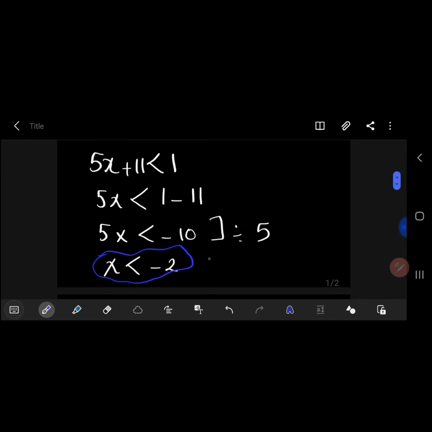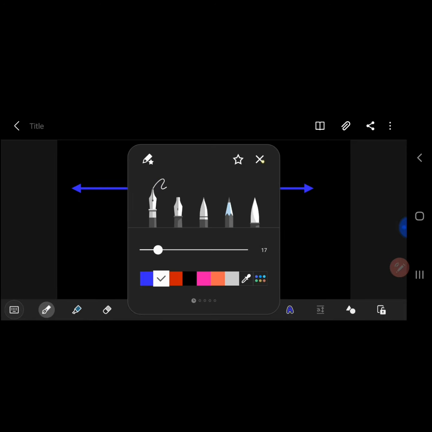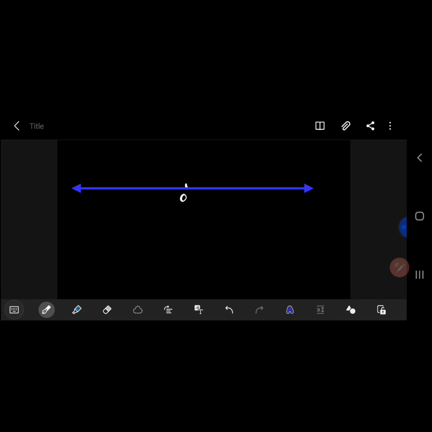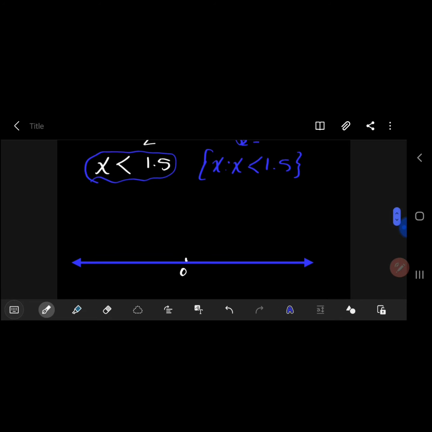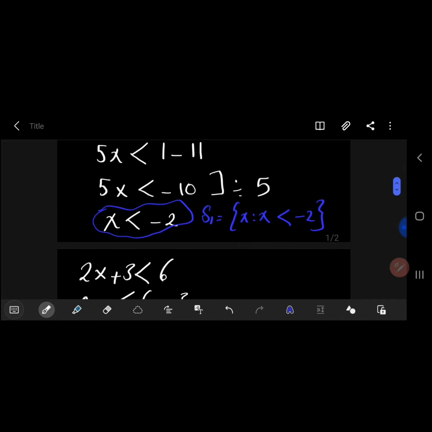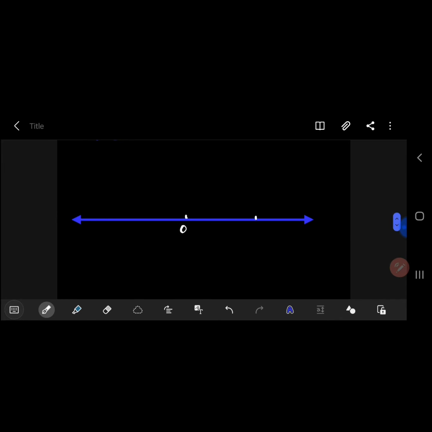The first value of x is x smaller than minus 2. So here I will take a line. In the line, I will put number 0, number 1.5 and number what? Minus 2.